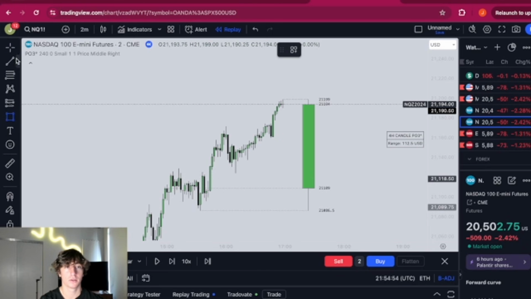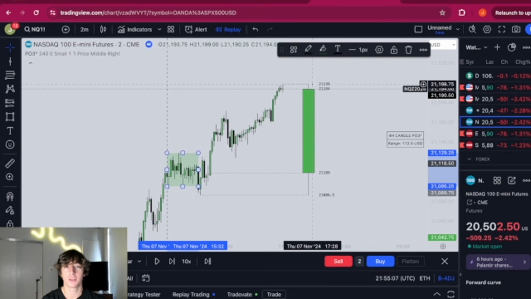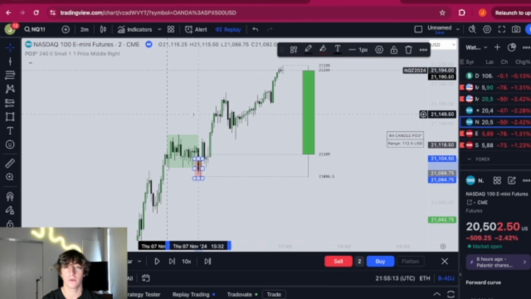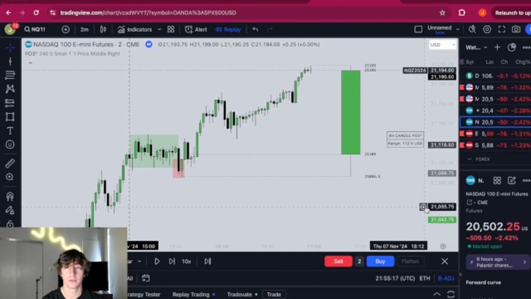So let's mark out, when did this 4-hour candle open right here? 15. This is when that 4-hour candle opened. First, we can see it opened and accumulated, so we'll mark that out. Then we saw a manipulation, we'll mark that out, creating that bottom wick of the 4-hour candle.